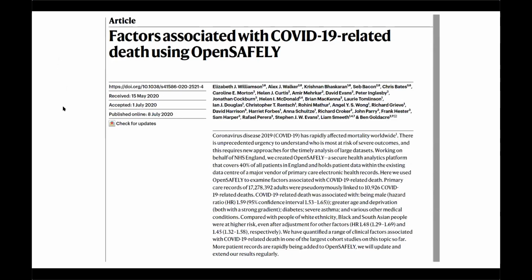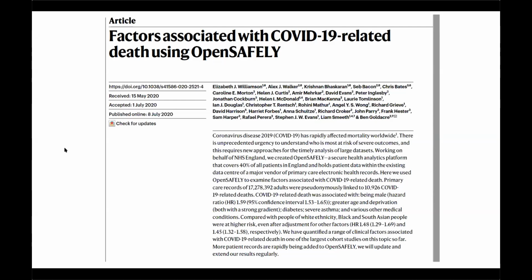So, what are some of the factors that have been implicated as negative covariates of disease severity? There are numerous papers on this. The one that I have here was published in Nature in July, but it's really based on an analysis up to May, and is a large study out of the UK.